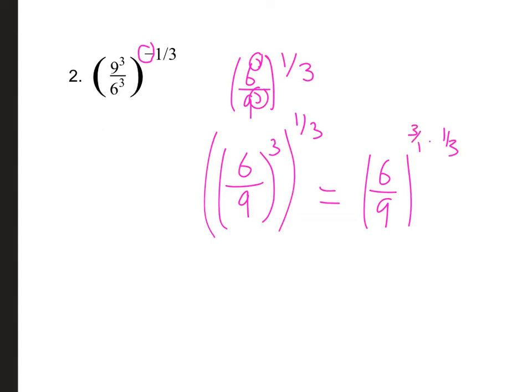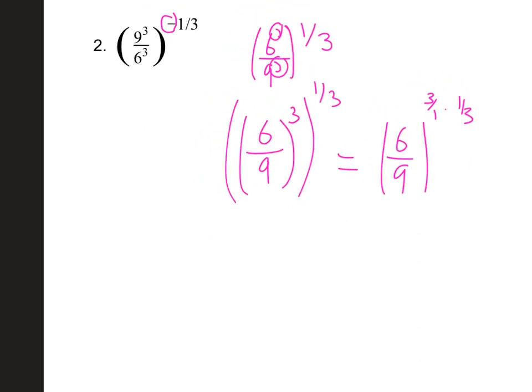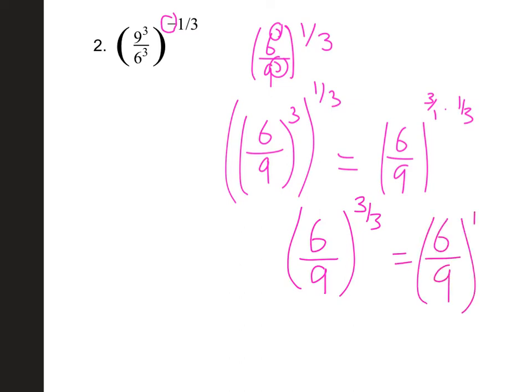And then I can multiply across so that really what I have here is 6 over 9 to the 3 over 3 power. And I can simplify that down to 6 over 9 to the first power, which basically means I just have 6 over 9 as my answer.